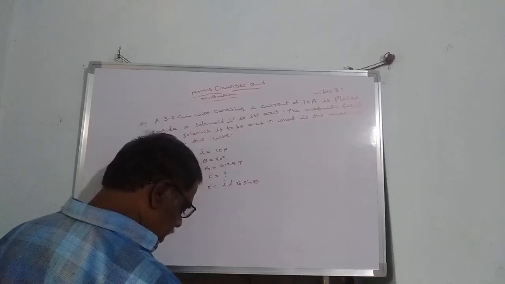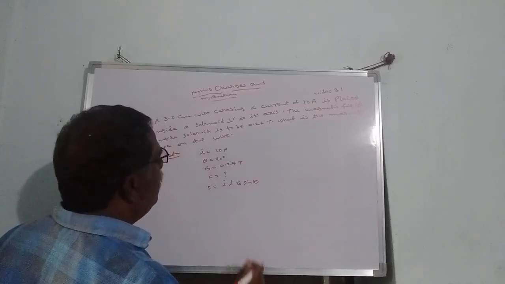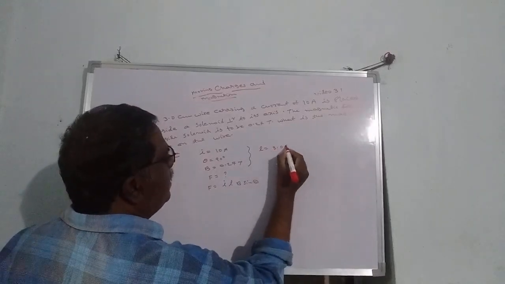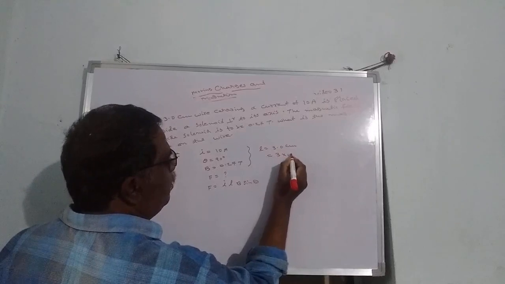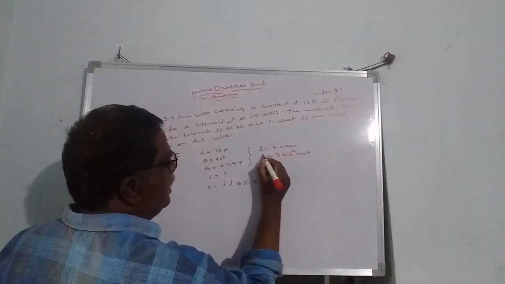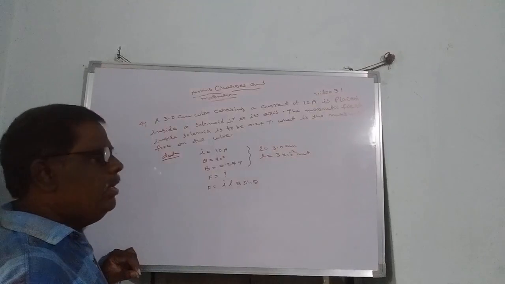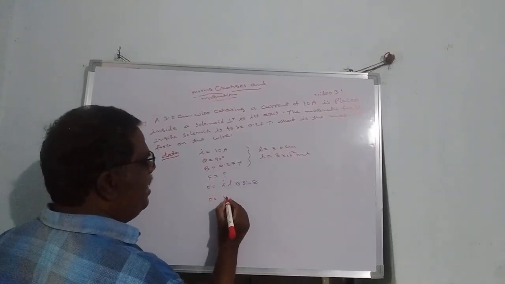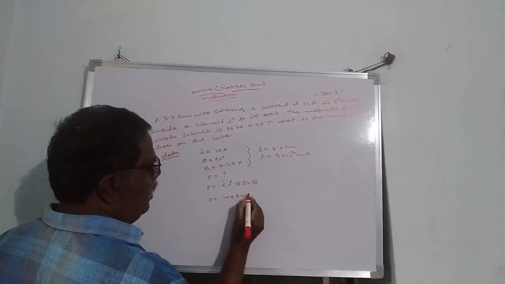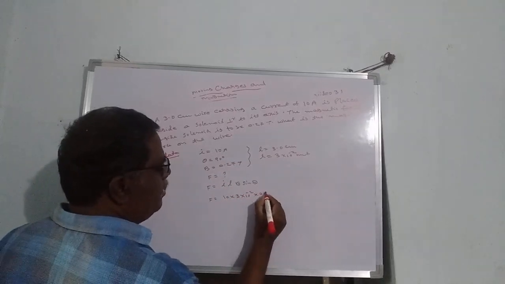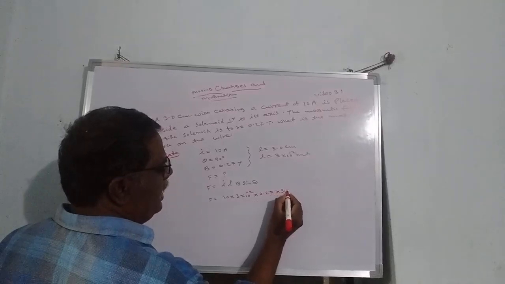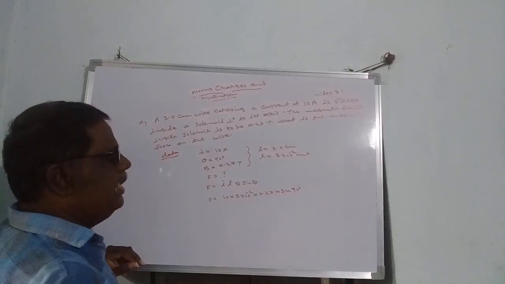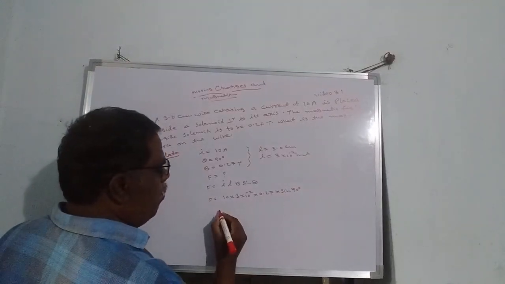Here L value is also given: 3.0 centimeter, that is 3 into 10 power minus 2 meter. Centimeter should be converted into meter. Substituting, I is 10, L is 3 into 10 power minus 2, B is 0.27, sin 90 degrees, because they are perpendicular to each other. So sin 90 is equal to 1.